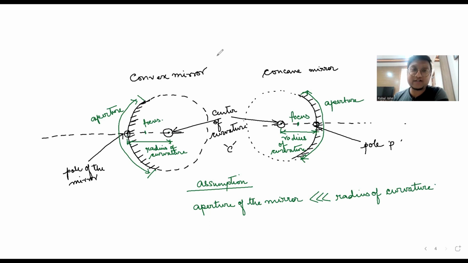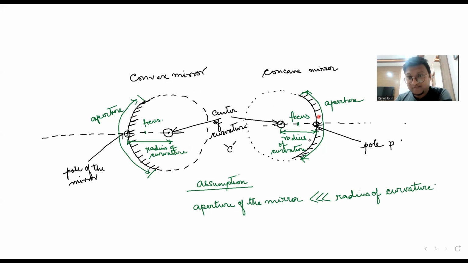So once again, we shall recapitulate. We have a spherical mirror here where the surface is silvered and the reflecting surface is bulging outwards. So it is a convex mirror.